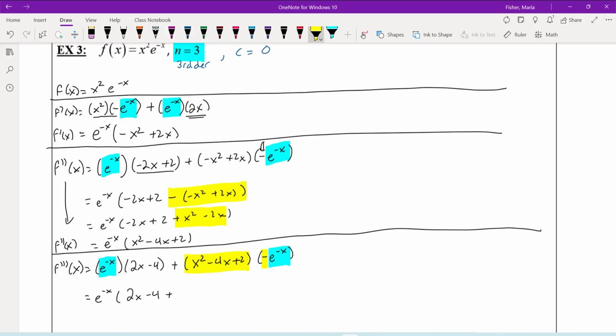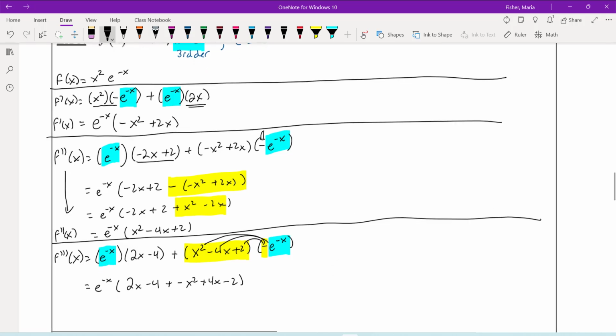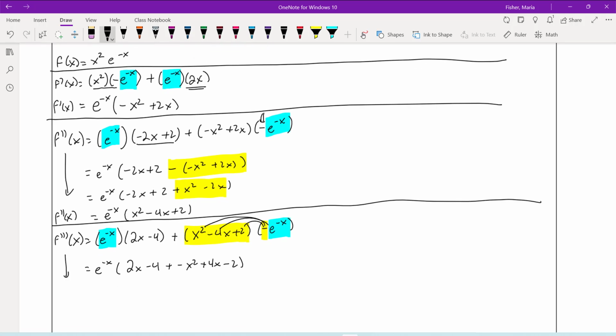So let's go ahead and just switch the signs to save a step. This is going to be a negative x squared, a positive 4x, and a negative 2. Combining like terms, we get that the third derivative is equal to e to the negative x times negative x squared plus 6x minus 6.